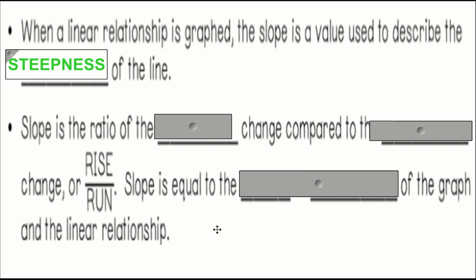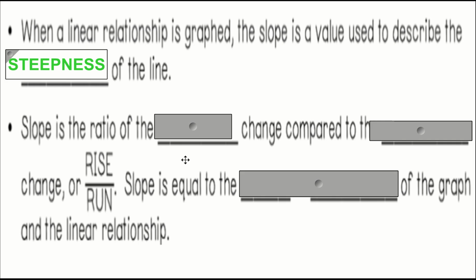The higher the slope is, the steeper. So like angle B there, angle B had a higher slope. It was more steep. A was a little bit flatter. That's a lower slope.